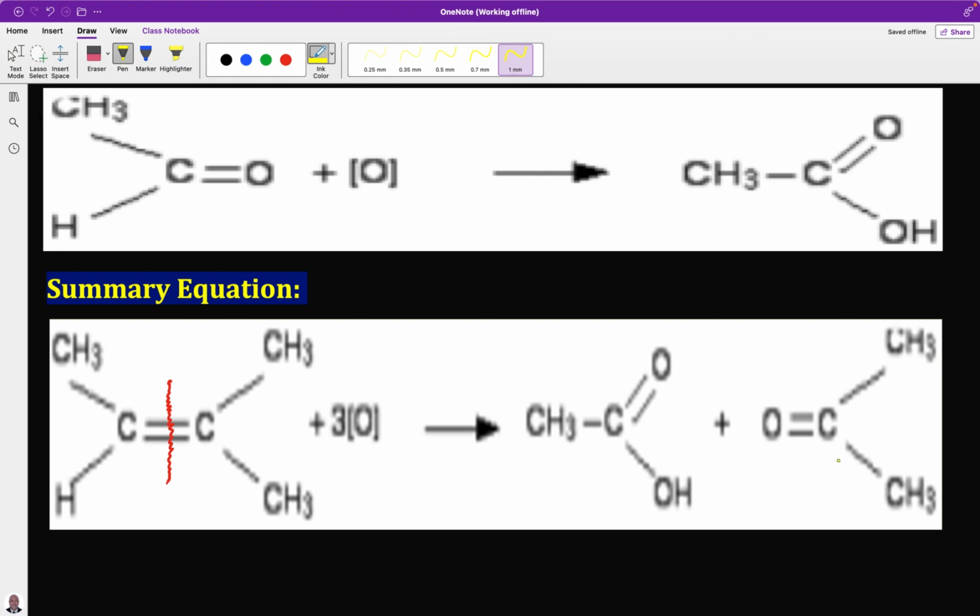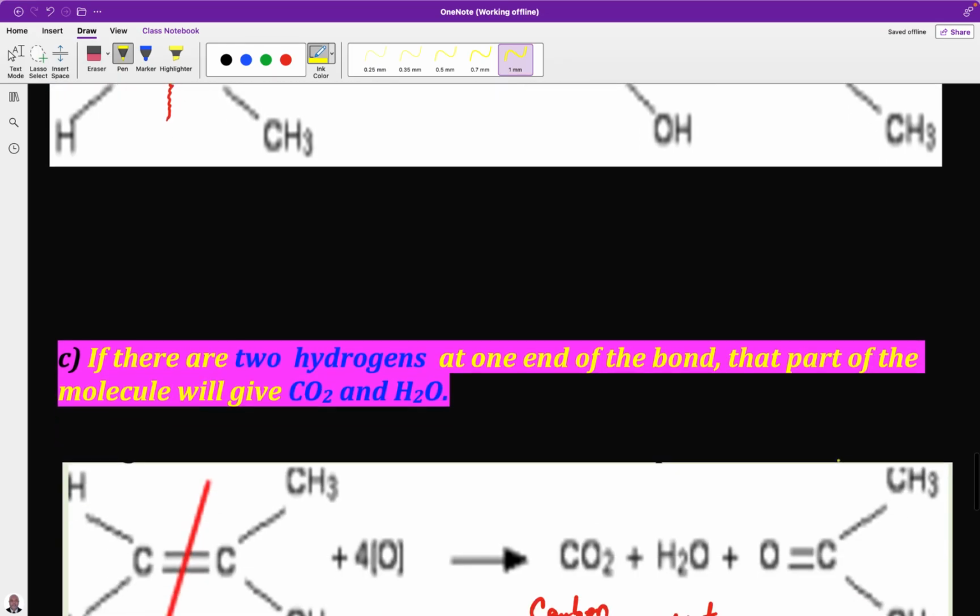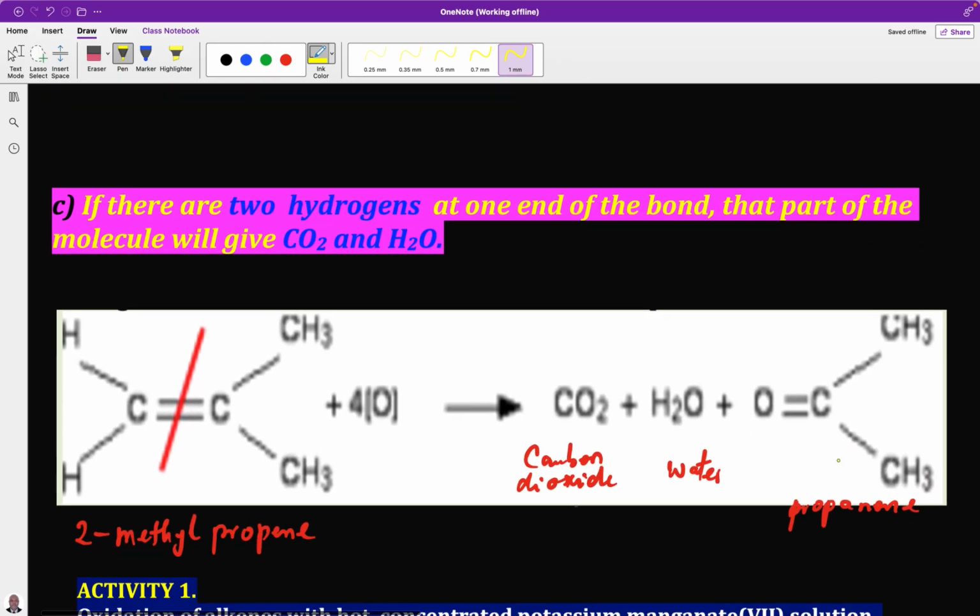The third condition is when there are two hydrogens at one end of the bond. If there are two hydrogens at one end of the bond, that section will give carbon dioxide and water. This is an example here, 2-methyl propene.